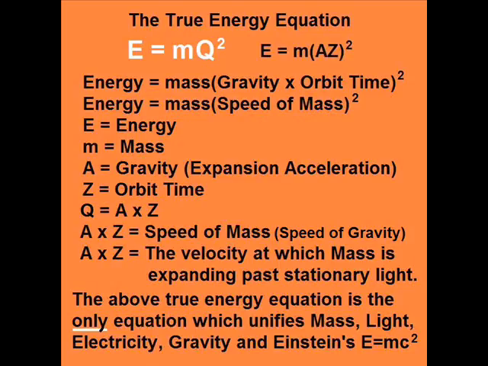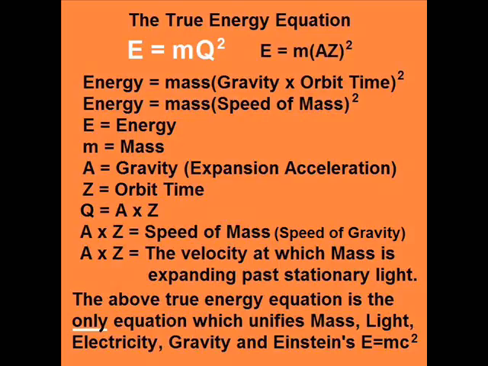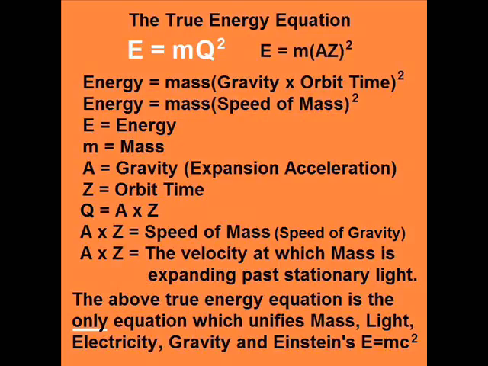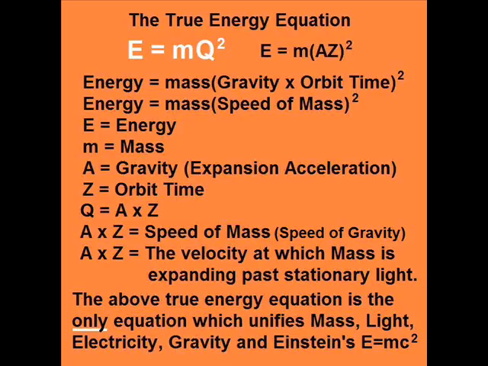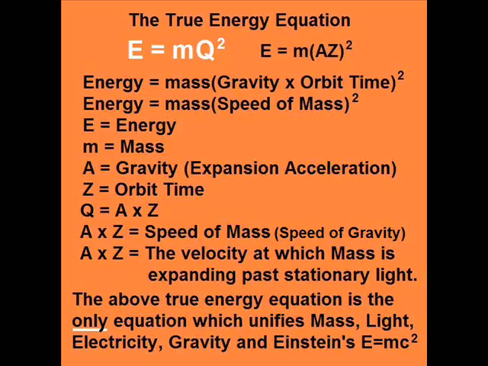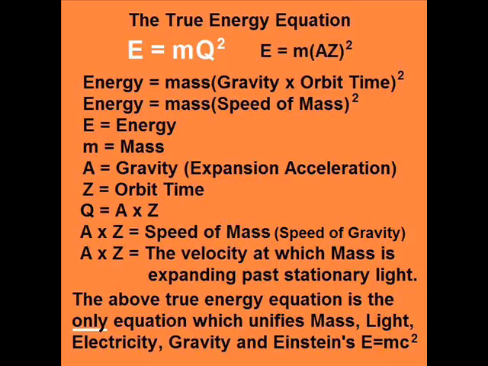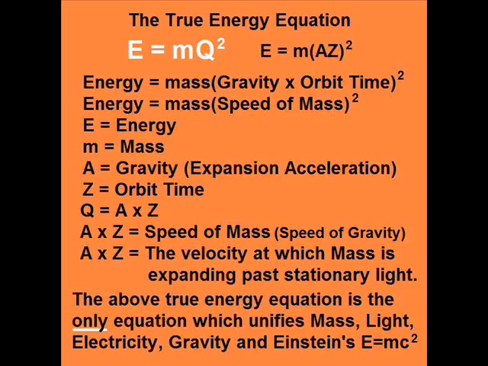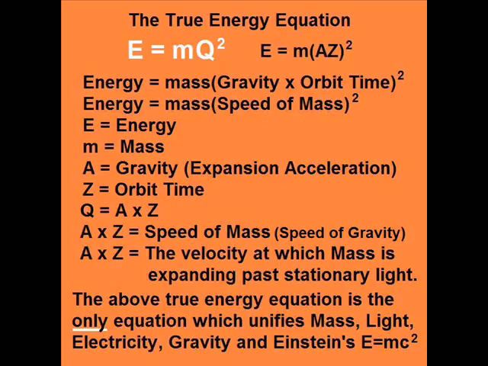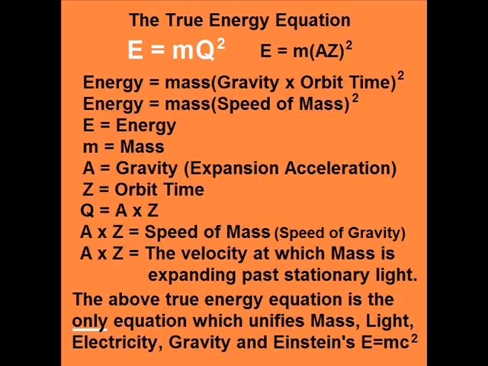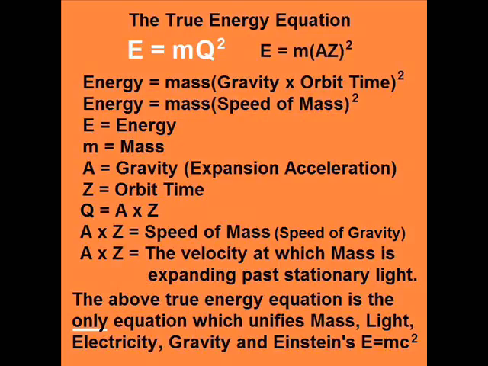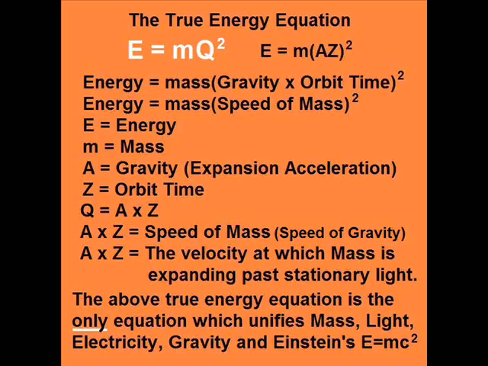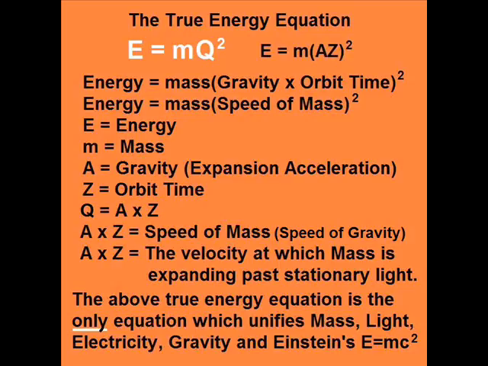Q is equal to a times z, and a times z is equal to the speed of mass. A times z equals the velocity at which mass is expanding past stationary light. The above true energy equation is the only equation which unifies mass, light, electricity, gravity, and Einstein's E equals mc squared.